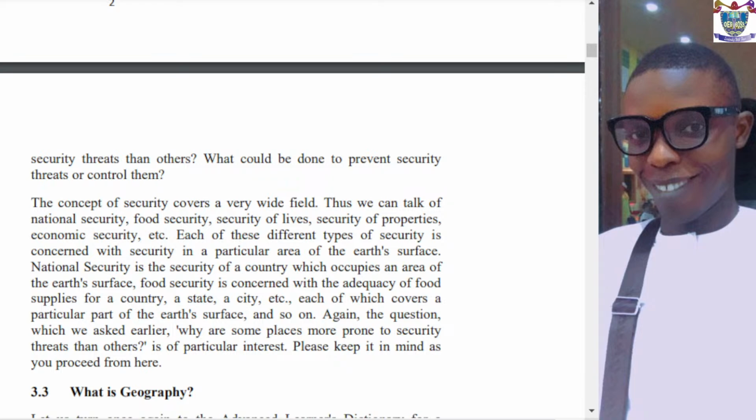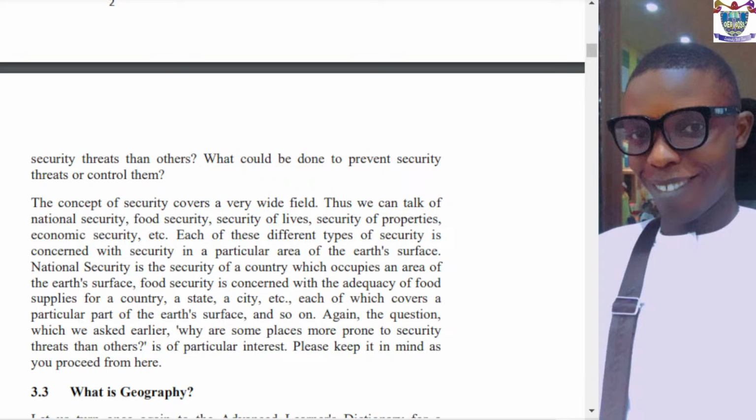National security is the security of a country which occupies an area of the Earth's surface, and food security is concerned with adequacy of food supply for a country, a state, a city, etc., each of which covers a particular part of the Earth's surface. Again, the question which we asked earlier, why are some places more prone to security threat than others, is of particular interest. Please keep it in mind as you proceed from here.